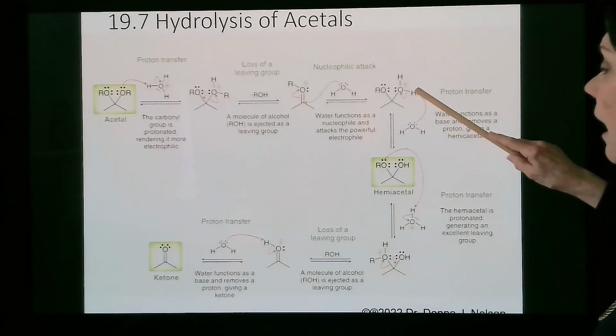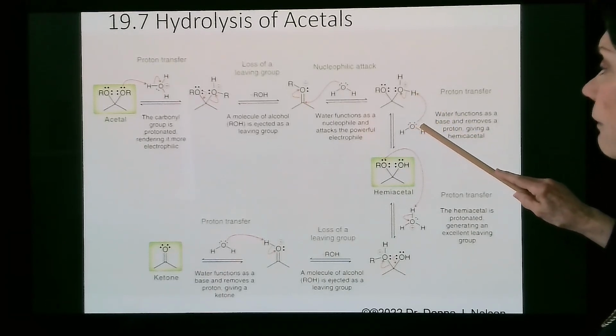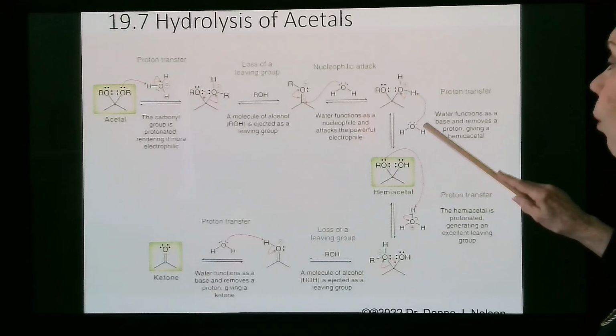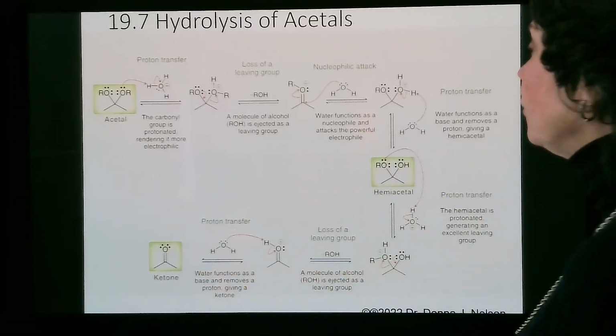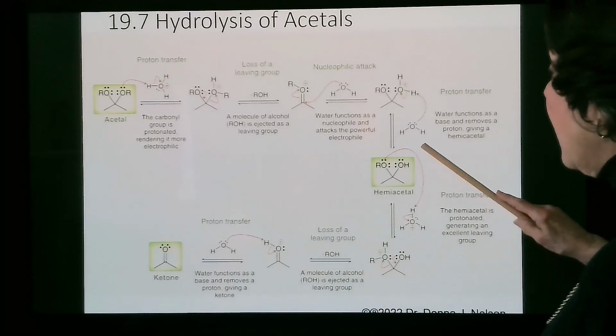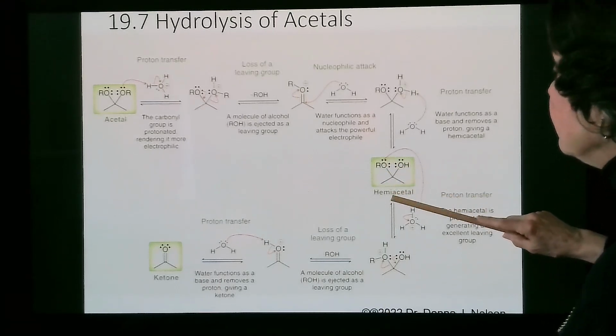Then the proton is removed using water, and so if you have an excess of water, this is all going to be driven towards completion. Now, this is your hemiacetal.